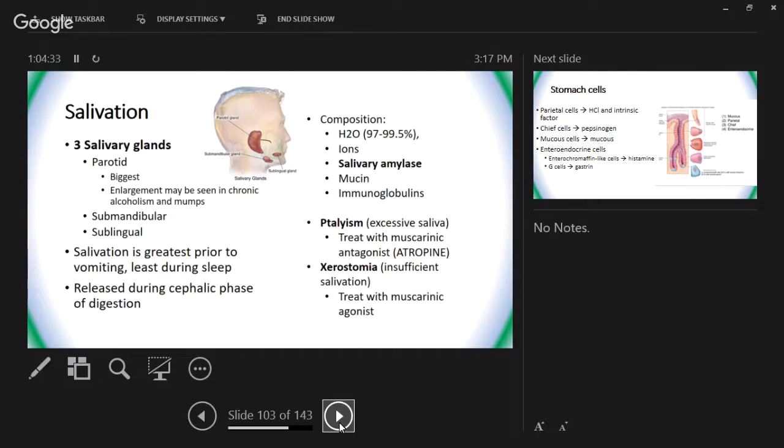Ptyalism, that's excessive salivation, and xerostomia, that's insufficient salivation. And just think about parasympathetics, like SLUDGE. So S in SLUDGE is salivation. If you want to increase salivation, you use parasympathetics, and if you want to decrease it, sympathetics.